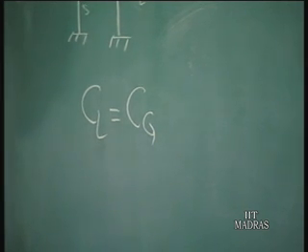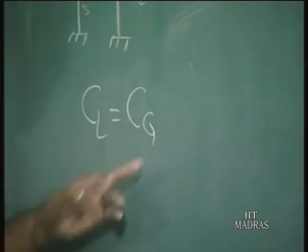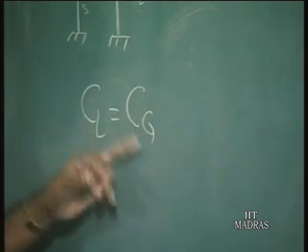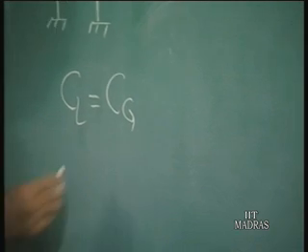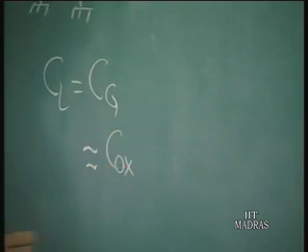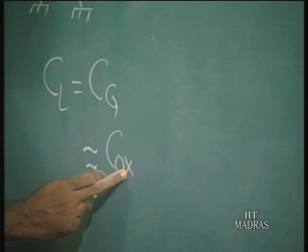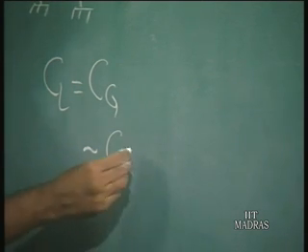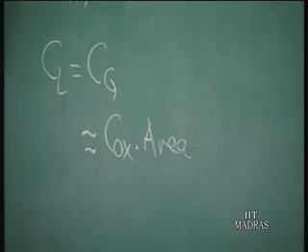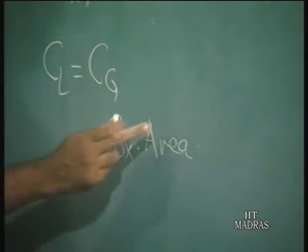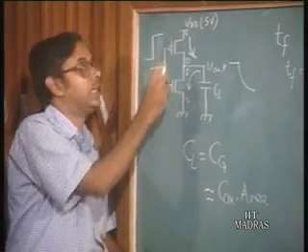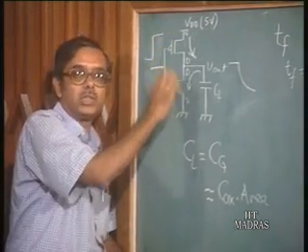This input gate capacitance consists of a large number of components, but it can be shown to a first approximation that Cg is Cox, the oxide capacitance per unit area, into the area. The input area: if you look at the input of this CMOS, you have an NMOS and a PMOS, so the total area.